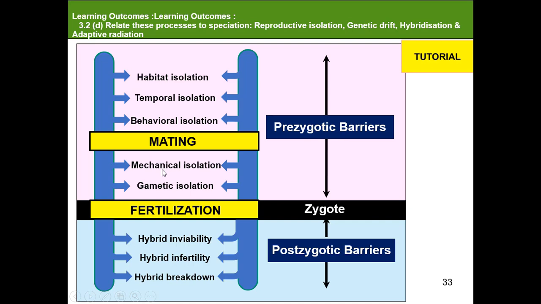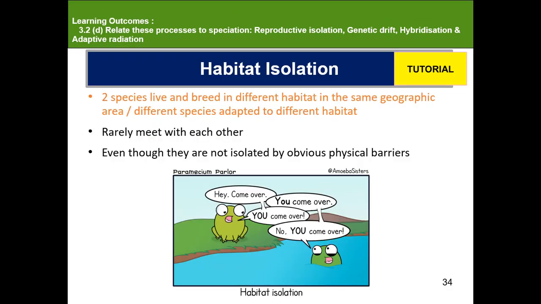If mating occurs, there is an isolation called mechanical isolation or gametic isolation. But if fertilization occurs, the hybrid may show hybrid inviability, or the hybrid is infertile, or the hybrid breaks down.